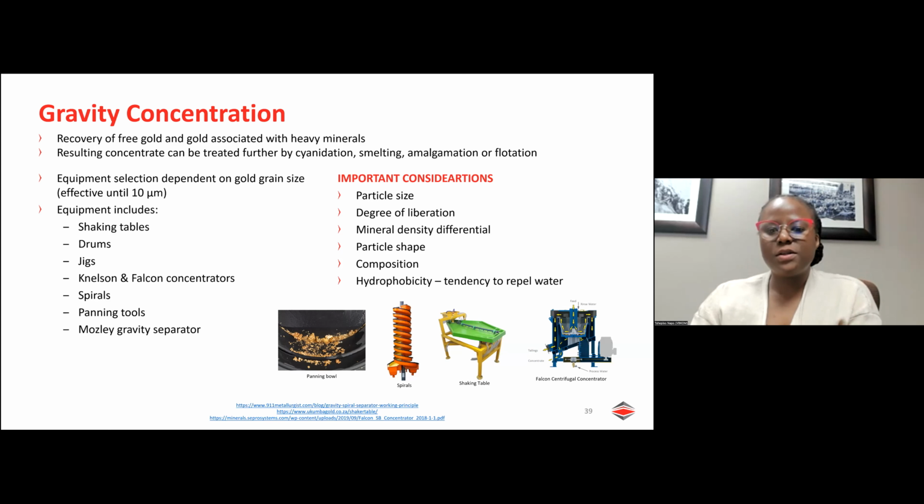You need to also consider your density differences of minerals within the stream and their hydrophobicity. Typical equipment that is used includes shaking tables, drums, spirals, panning bowls, as well as Falcon and Nelson concentrators.